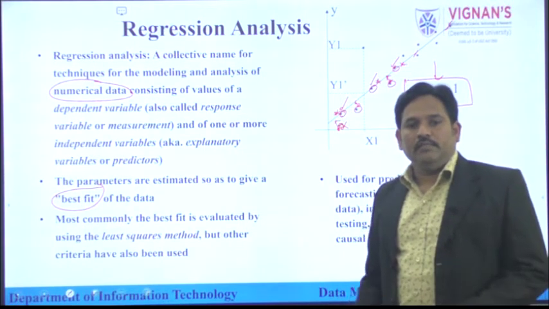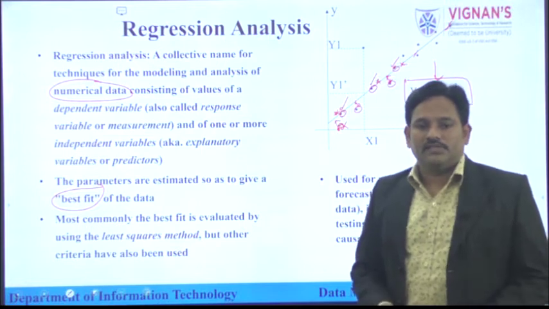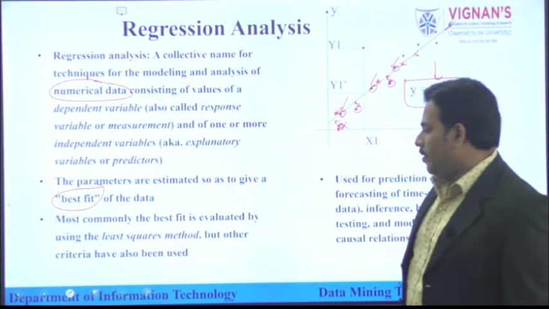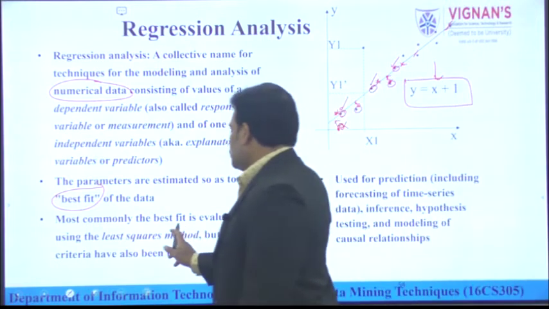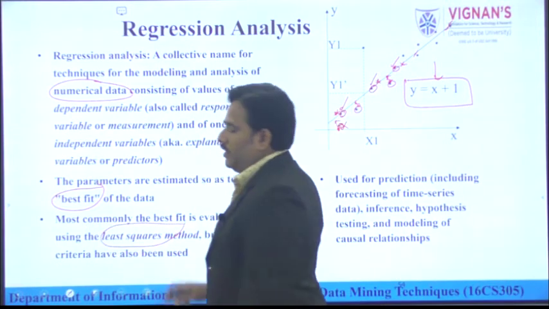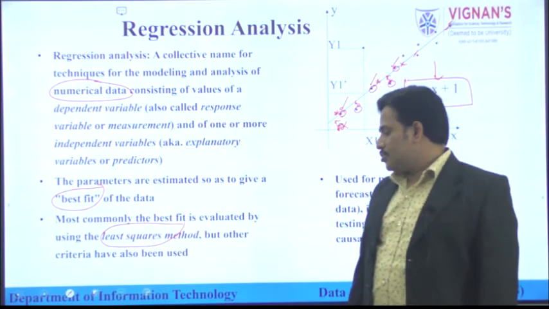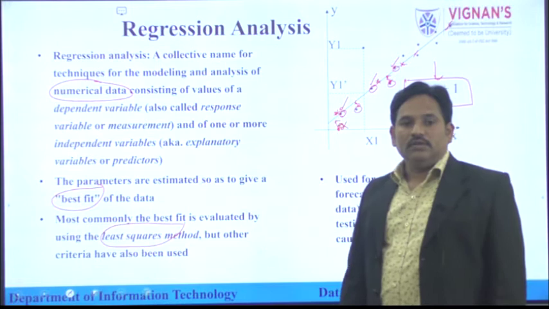So it depends on how we categorize the values. Most commonly, the best fit is evaluated by using the least square method. Here we are using an estimation approach, called the least square approach, to derive the data.